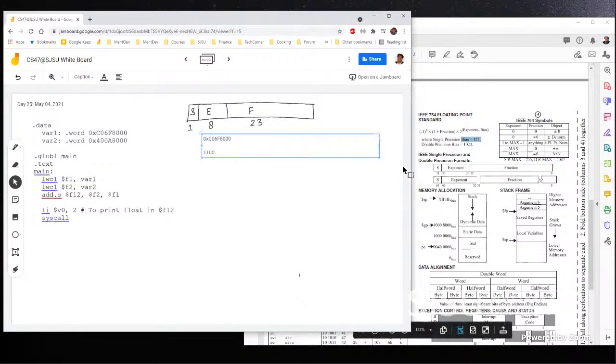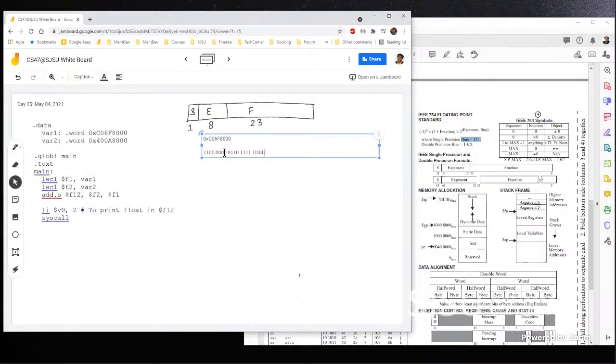Then 0 is 0000. Then 6 is 0110. Then F is 1111. Then 8 is 1000.